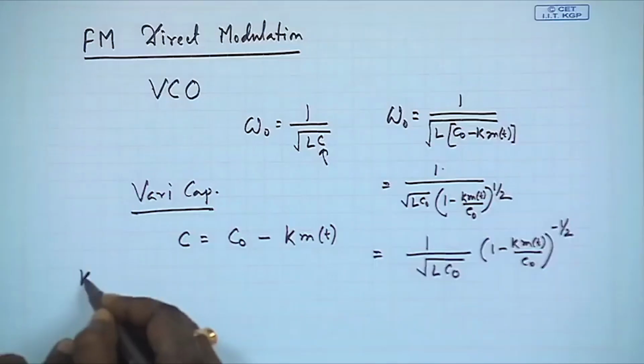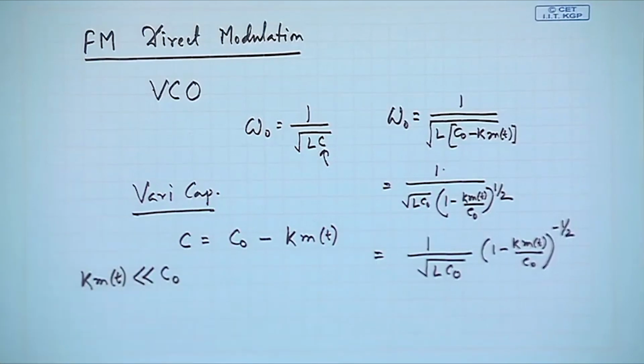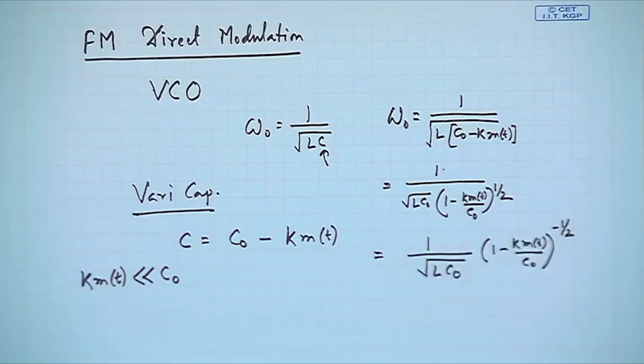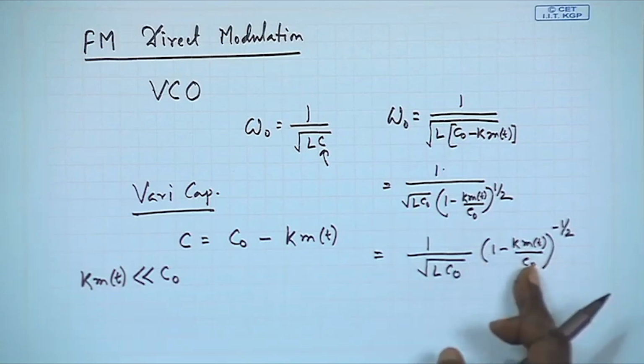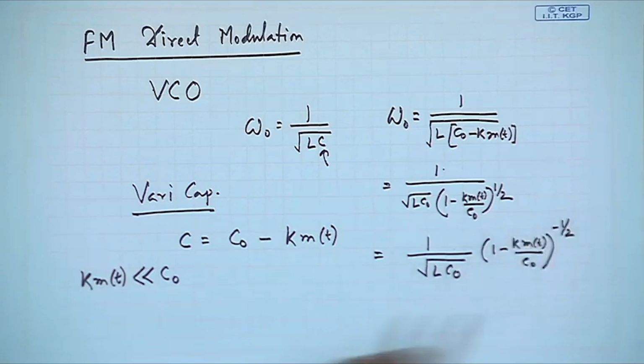now I will do a Taylor series expansion, that is something which I will try to do. As long as this K m(t) is less than C0, this particular term will be small enough, and if I do a Taylor series expansion, what will I get? I will get the first term, then the second term is still valid because it is the linear term. After that it is just quadratic of this one, where K m(t) by C0 is much less than 1. So, I can actually neglect those terms.